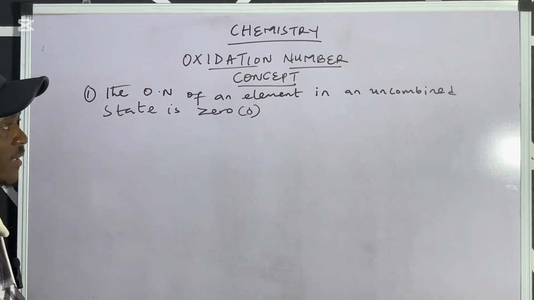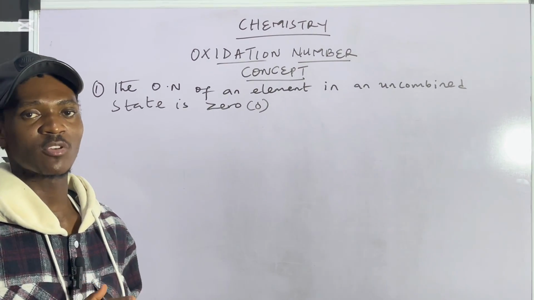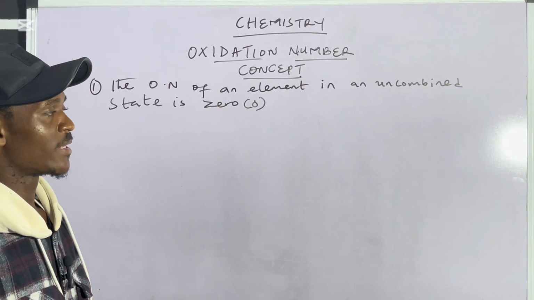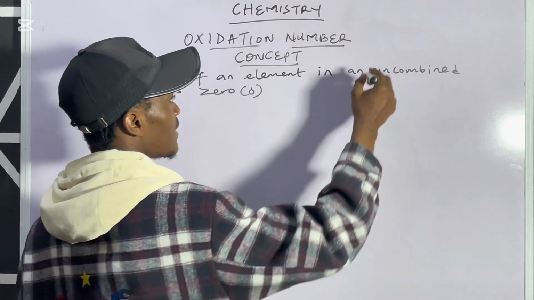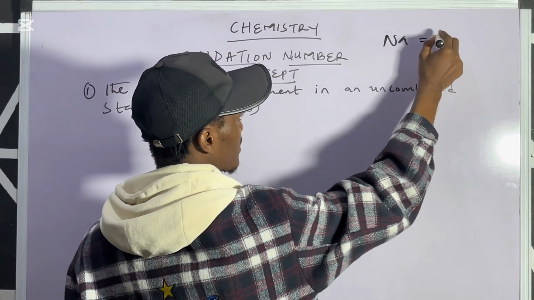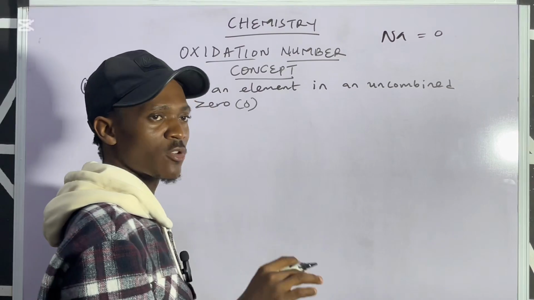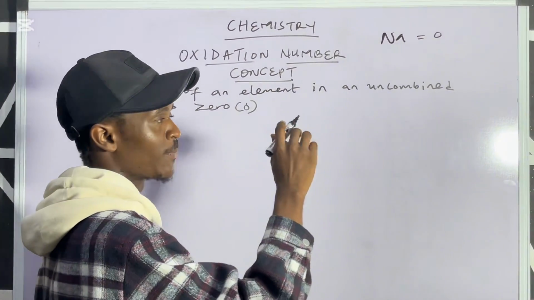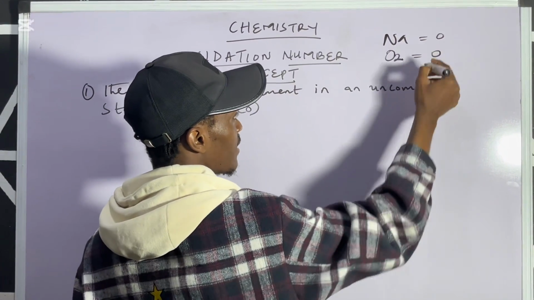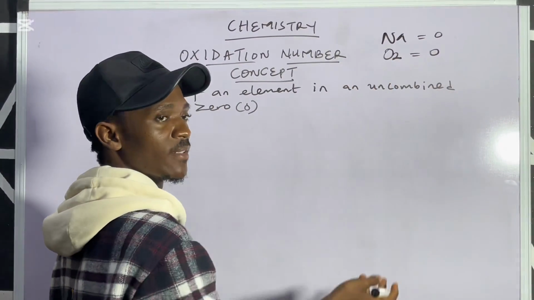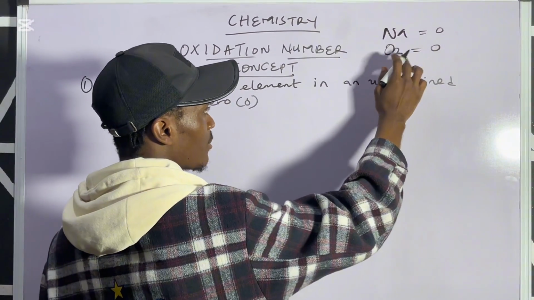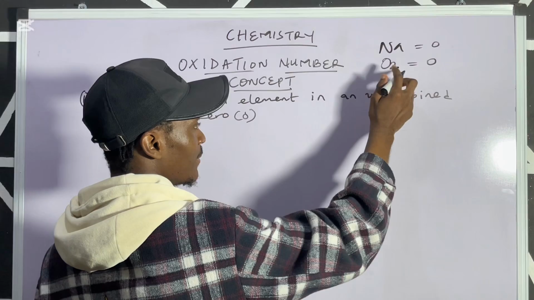What does this mean? It means that when an element is not in combination with any other element, the oxidation number is 0. Classical examples include, if I write Na, sodium. Now the oxidation number of sodium here is what? 0. Why? Sodium is not in combination with any element, it's just written on its own. If I write O2, that's oxygen, this still remains 0, irrespective of the number here.